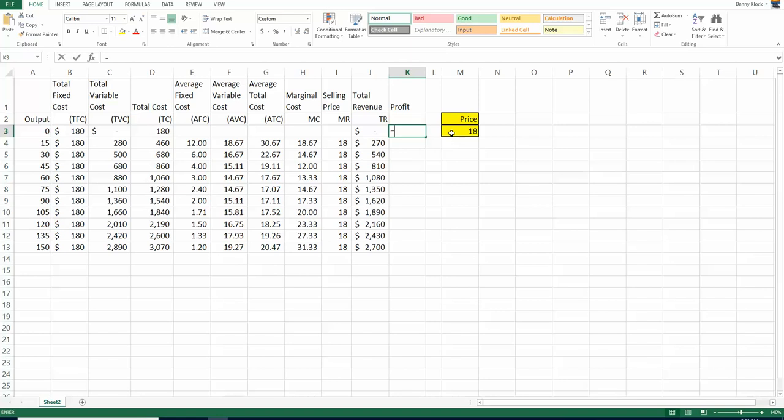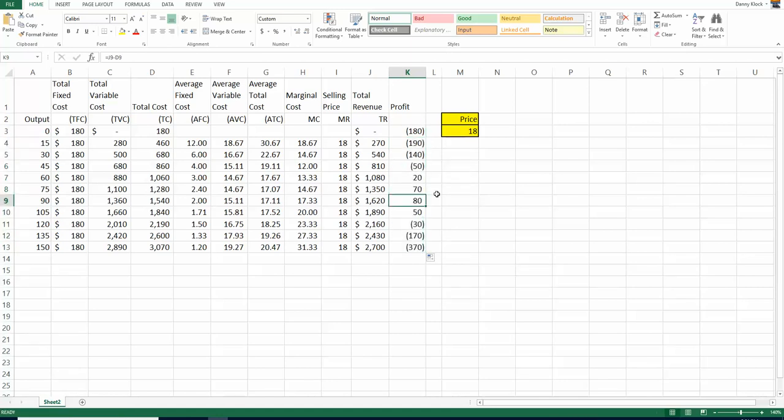So profit is going to be the total revenue. So for a 0 output, of course, there's 0 total revenue, but minus my total cost, which are what? This 180, right? For this, again, it's 0 output. So of course, my profit is going to be negative 180. If we don't produce anything, this is what we still got to shell out in our fixed costs. And I'm just going to throw this down.